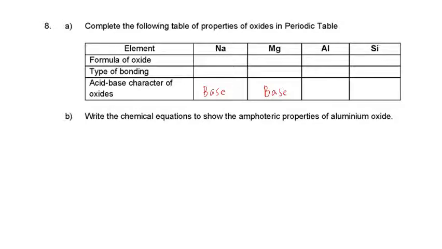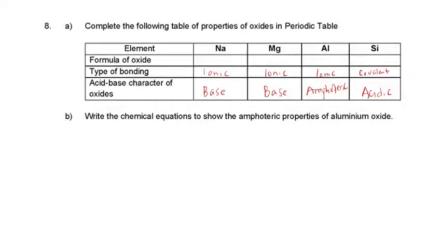But aluminium is a special case, in between base and acid, so we call this oxide amphoteric, while silicon is acidic. Because sodium, magnesium, and aluminium are metals, the bonding with oxygen is ionic, while for silicon it is a covalent bond.